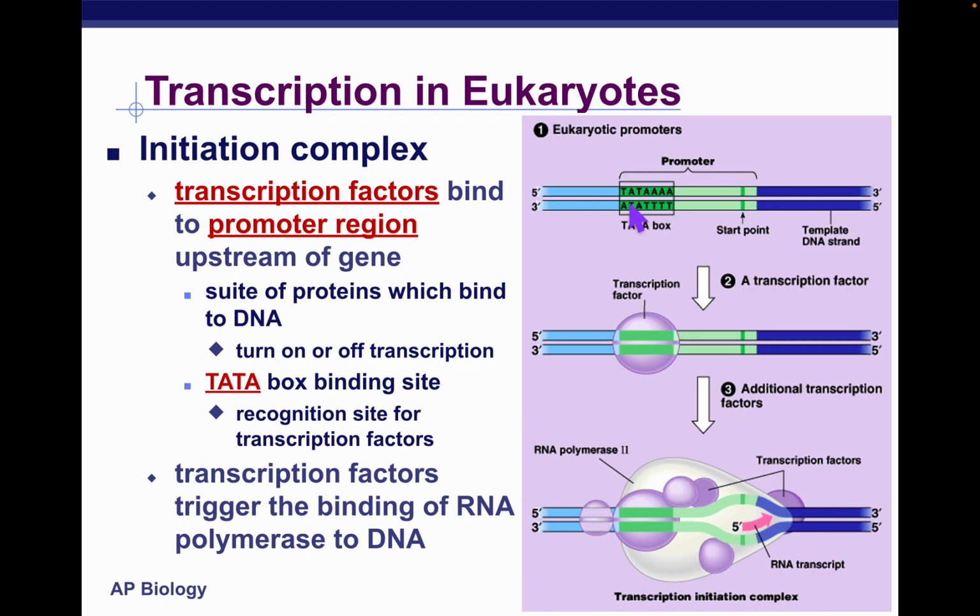Typically, the promoter is what we call the TATA box, T-A-T-A. If you remember from when I was talking about DNA structure, the TA is a good starting point for us to pull the molecule apart because there are only 2 hydrogen bonds there. It's a recognition site for the transcription factors. So these transcription factors know they have to come in and bind, and then all these transcription factors bind, and we know that RNA transcription is going to start right here in this transcription initiation complex.